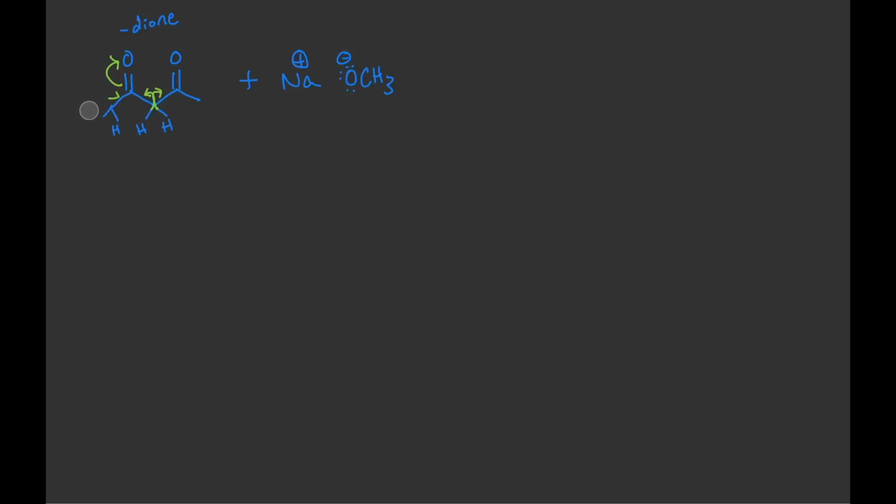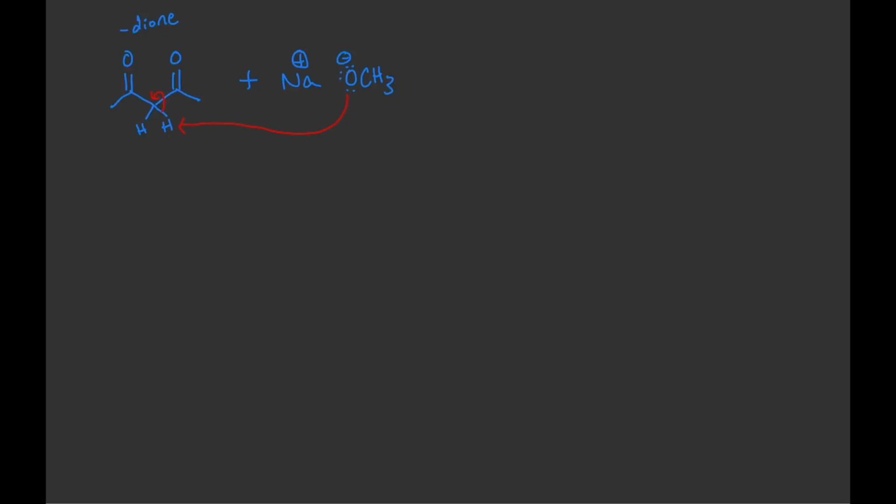So I'll just get rid of all this. So we're going to focus on those middle carbons, or middle protons, excuse me. We're going to use our basic species to attack the proton, and then this bond between the carbon and the hydrogen is going to move up to the carbon.